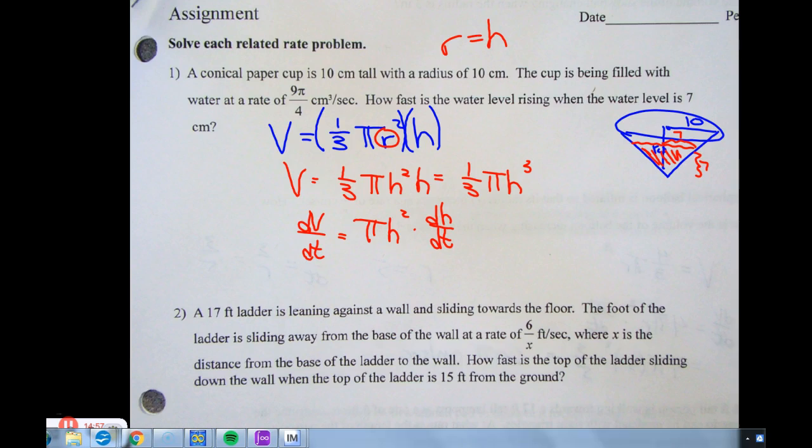So dV over dt is 9 pi over 4 equals pi times h, which is 7, times dh dt. Well, those pi's will cancel.